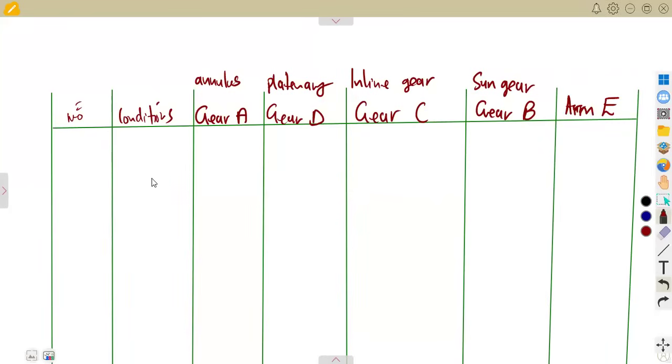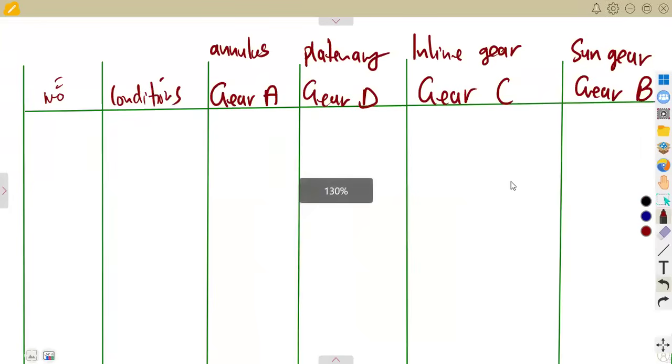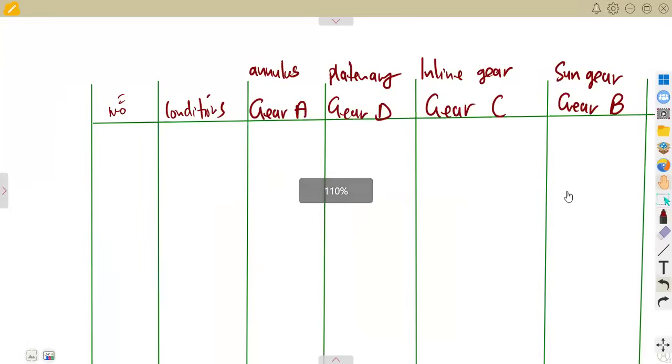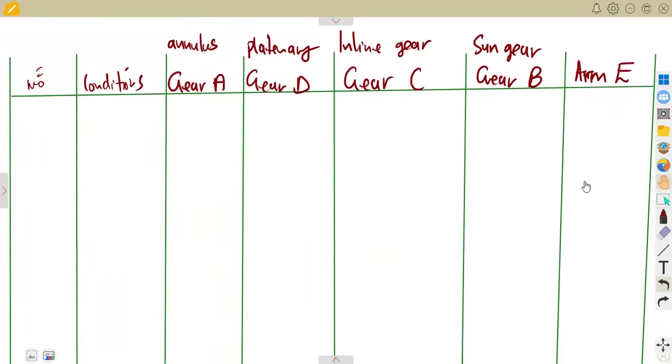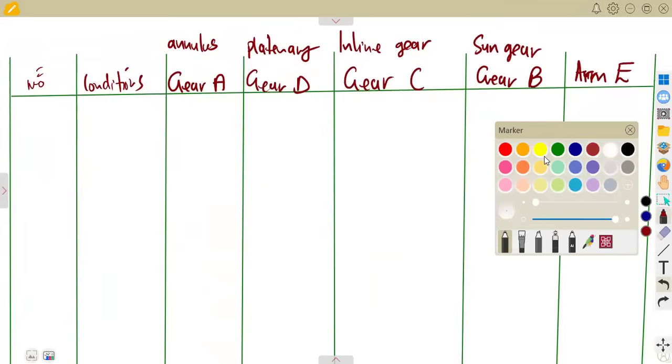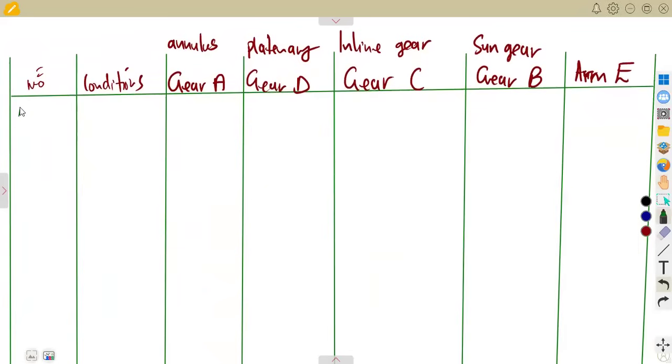All right. So our conditions are not going to change, whether or not this part is there. The first condition that you're going to work with is to fix the arm and rotate the annulus. You fix the arm and you rotate the annulus.